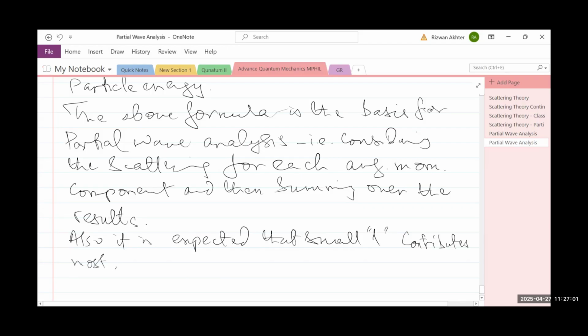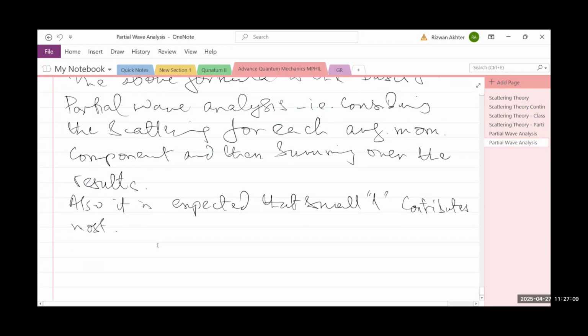Also, because of the orthogonality condition, we can have a much simpler formula for the scattering amplitude or differential scattering cross section. Orthogonality means we have different partial waves and all these waves are orthogonal to each other. That is, they have unique angular momentum values and they are normalized as well.